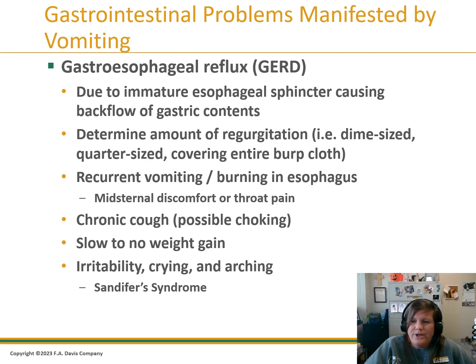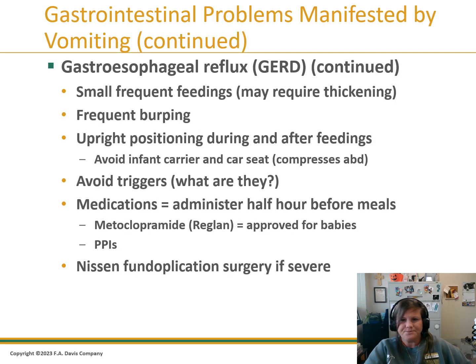So how do we address it? Really, one of the best ways is to reduce the volume they're consuming at any one time.